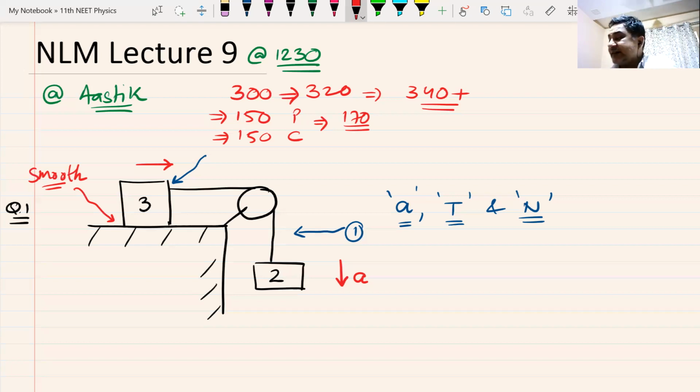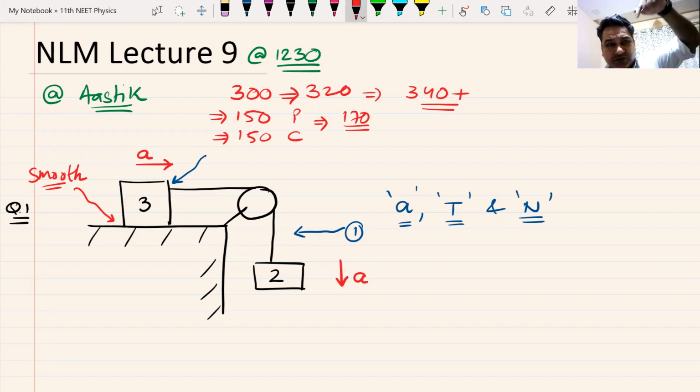Yes, that is correct. If this block moves down with an acceleration A, this block will also move with the same acceleration A because they are attached to the same string. String number 1 is the only string attaching these two blocks.